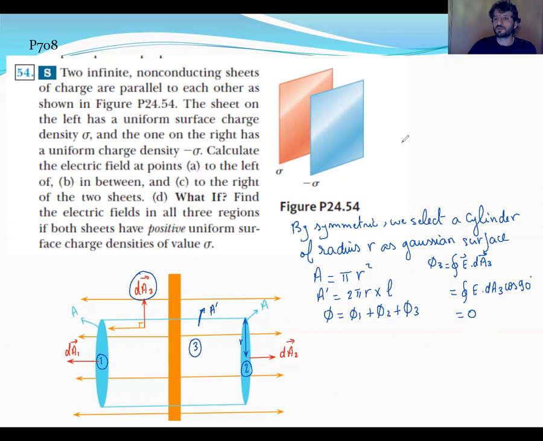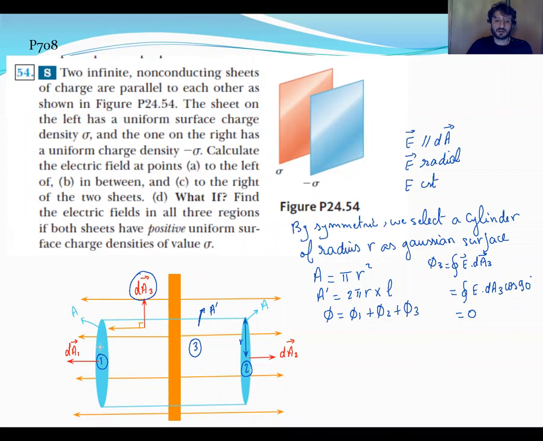Don't forget to state the conditions where we use a Gaussian surface. You must write E must be parallel to dA. Also, E must be radial, and the last one, E must be constant on the surface. As you see here, on side 1 and on side 2, E is constant.